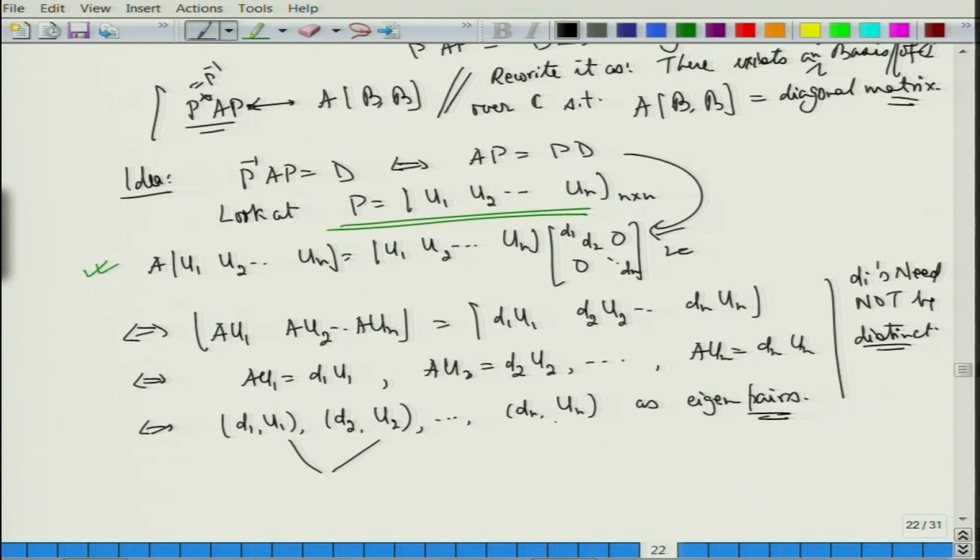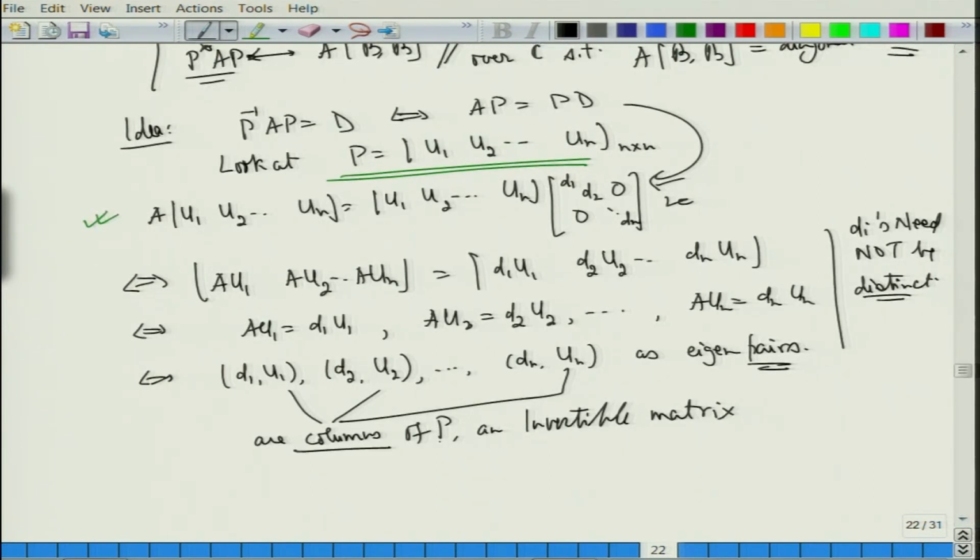So if I look at these U1, U2, Un, they are columns of P, an invertible matrix. So P is an invertible matrix, very important.